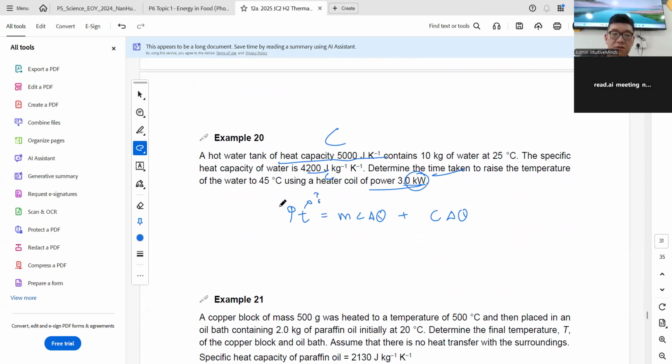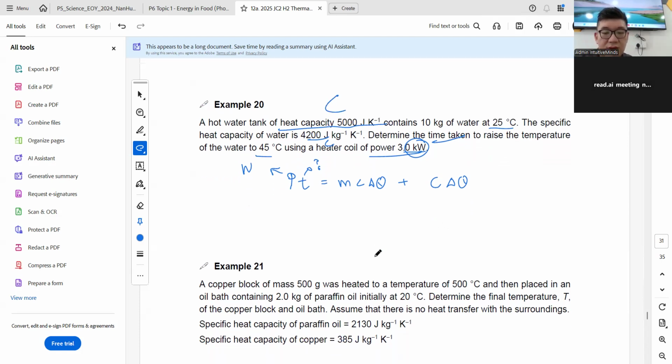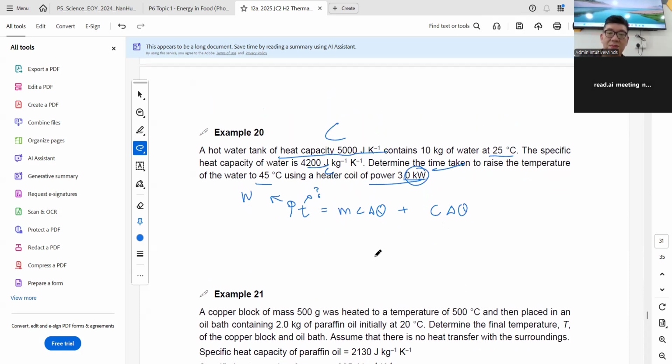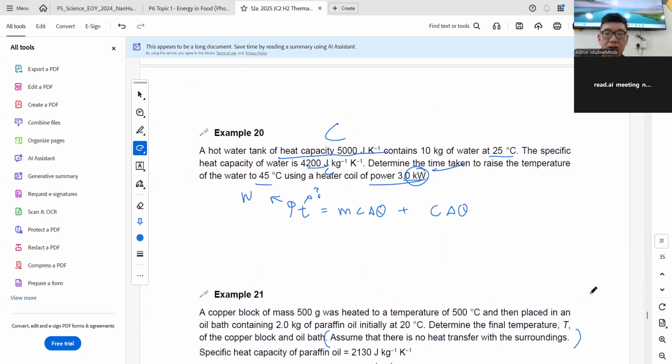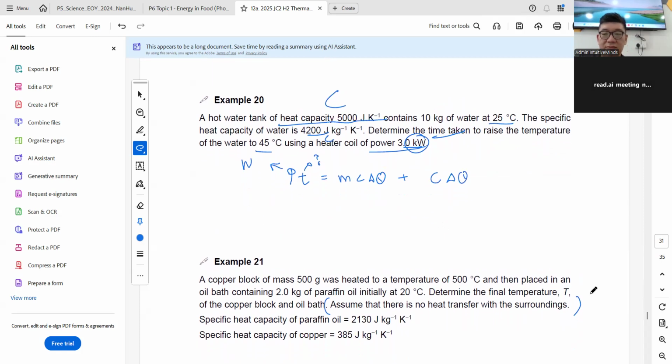Kilowatt, make sure to convert to watts. Temperature difference, 45 minus 25, so try it. Okay, and there's always an assumption to be made. Like this one, assume there's no heat transfer to the surroundings. Sometimes they may also ask you in a question.